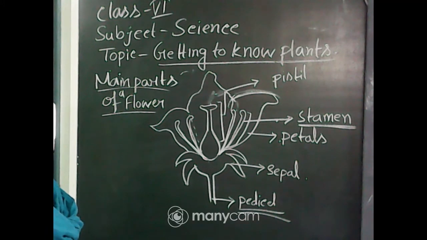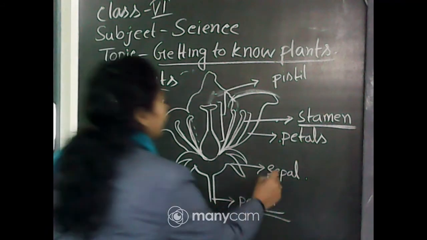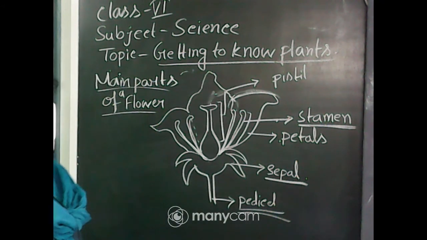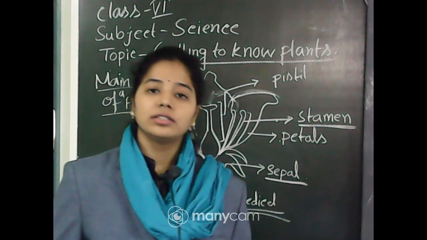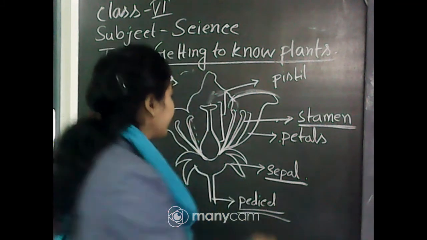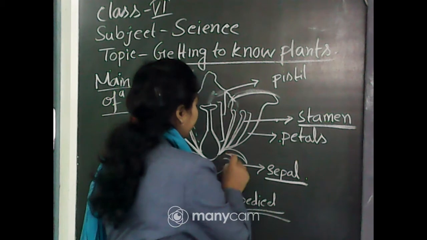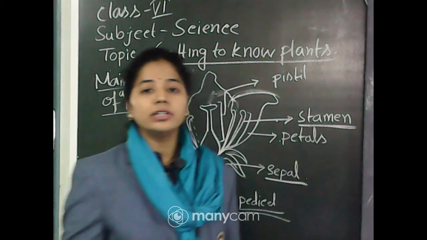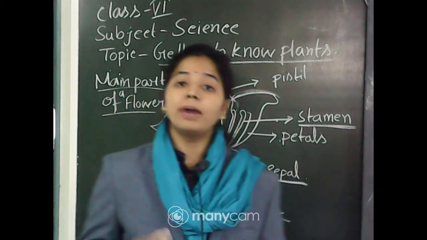Let's start with sepals. Sepals are the outermost part of a flower. Often they are very small, but they have a green, leaf-like structure. They protect the inner parts of a flower, especially when the flower is in bud form.